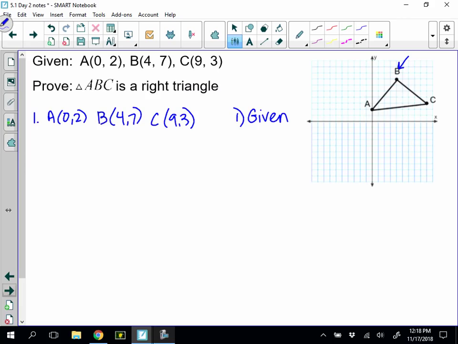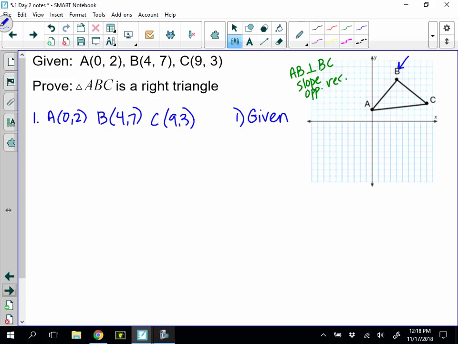I'm going to make a couple notes here. In order to do that, I need to look at slope. And so if my slopes are opposite reciprocals, I have just shown it's a right angle. Okay, so this is kind of mentally what we're going for.